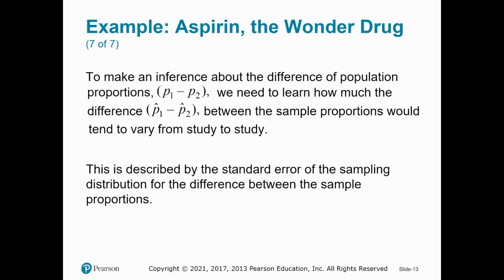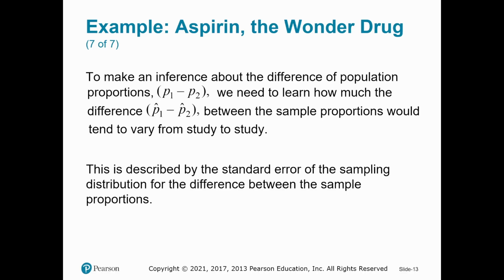Example, aspirin, the wonder drug, continued. To make an inference about the difference of population proportions, we need to learn how much the difference between the sample proportions would tend to, now here's an important word, vary from study to study.